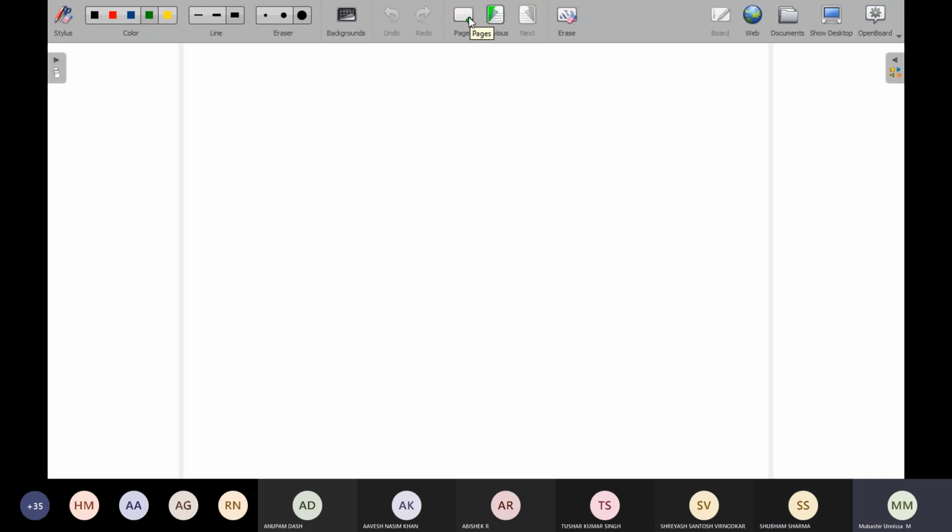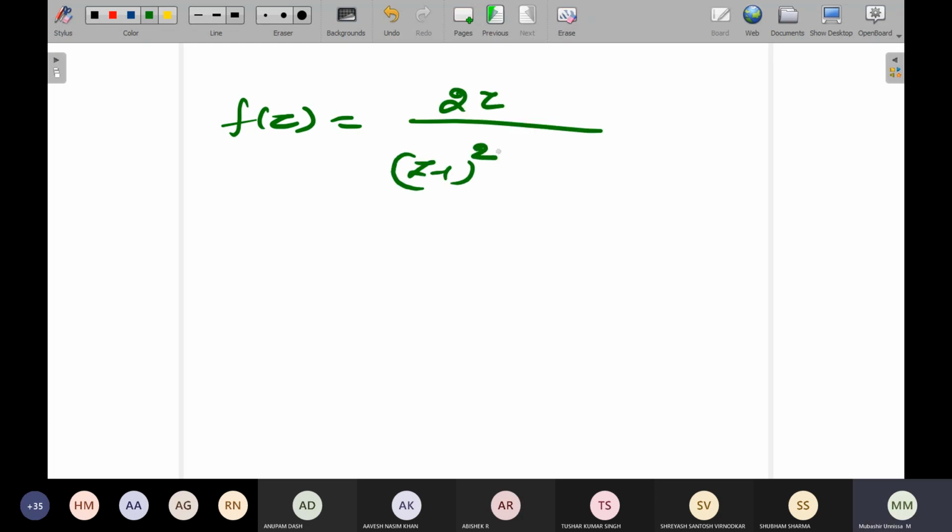Got it, ma'am. Okay, take down the next one: find the poles for the following function. f of z equals 2z divided by (z minus 1) whole square into (z plus 2) into (z minus 4).